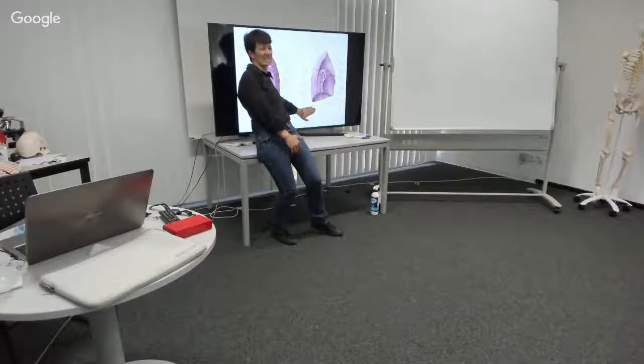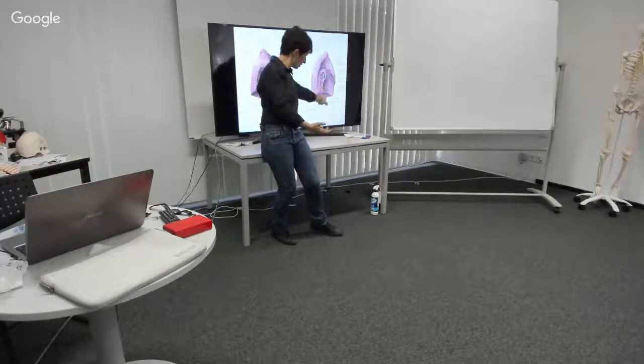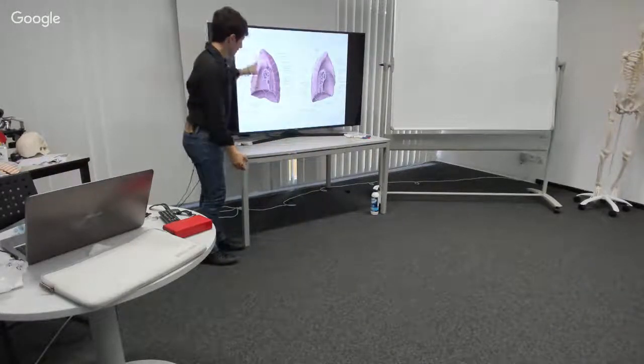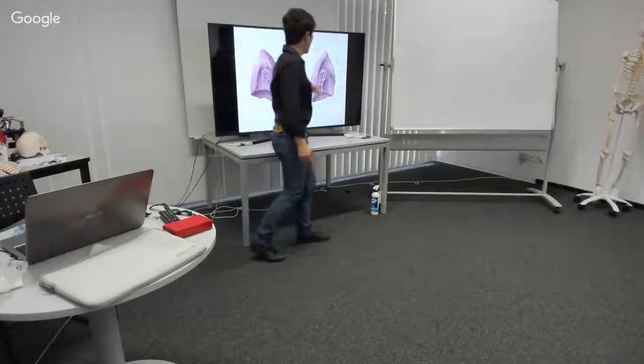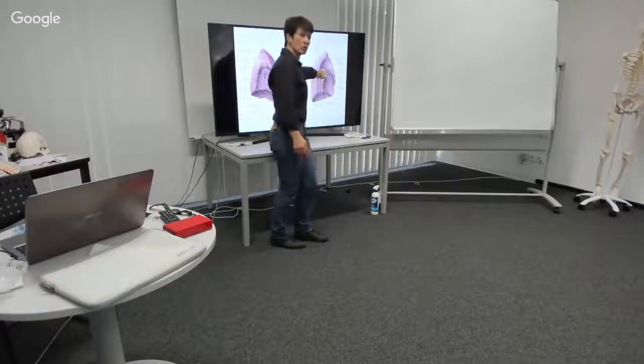Come on, it's easy. How many lobes? How many fissures? The left lung. Yes. So there is one fissure, two lobes. See this? Two fissures, three lobes. Okay? So now, on the hilum here, can you see this arch?